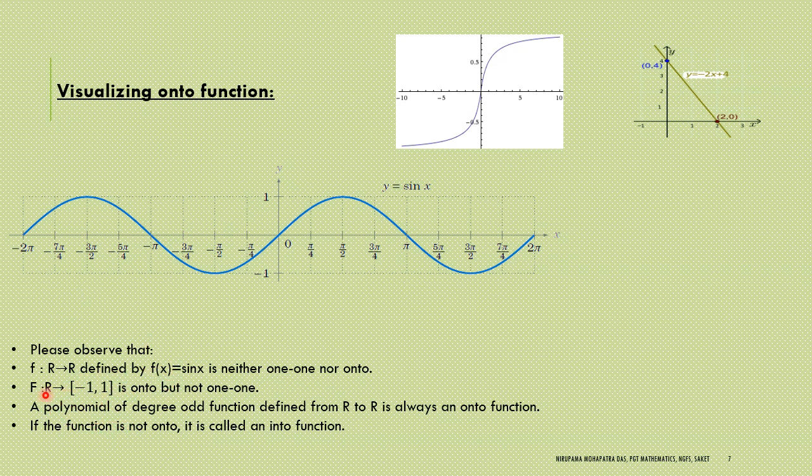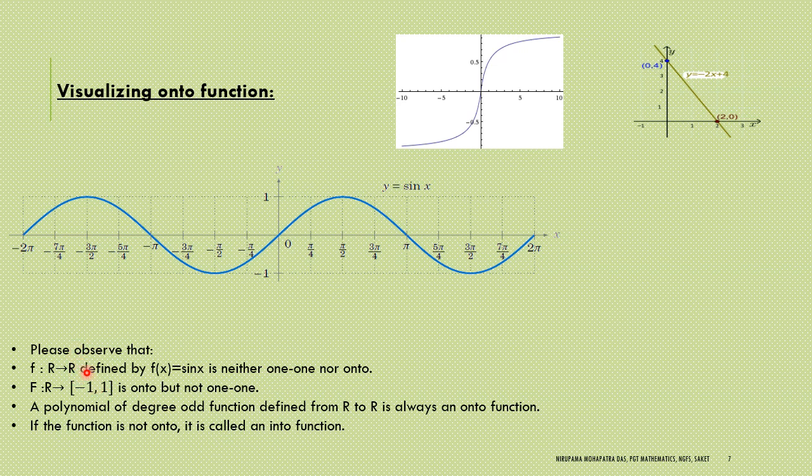Okay. So here, if we modify the codomain of the function f from the real numbers to [-1, 1], this function can be an onto function, because as we know the range of sin x is the closed interval [-1, 1], which is the codomain taken here. So in this case the range of the function equals the codomain.